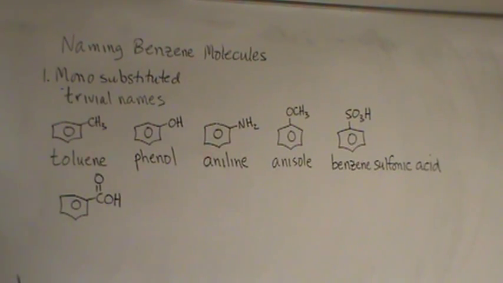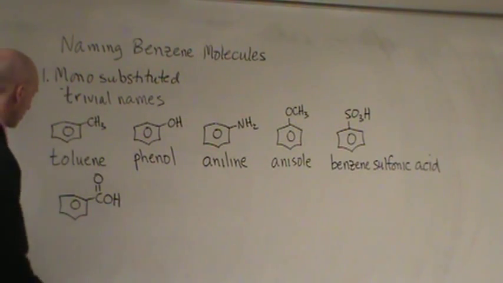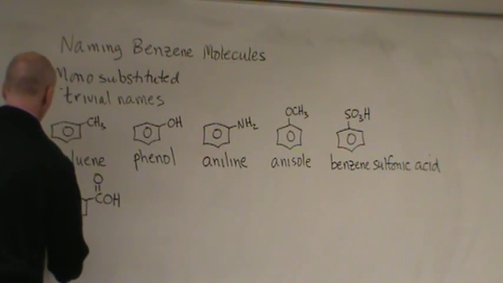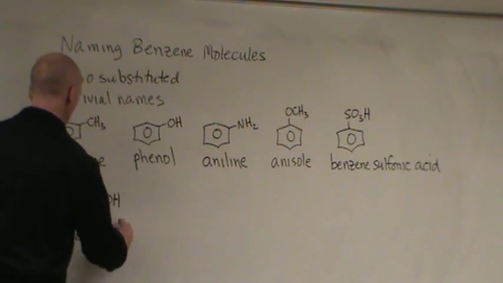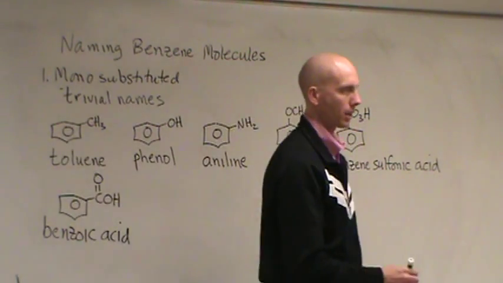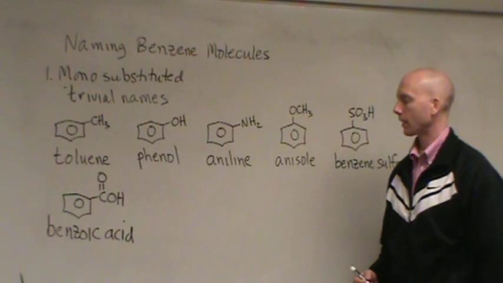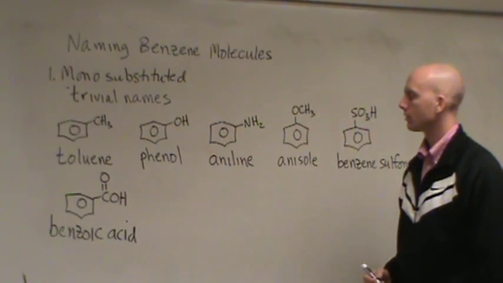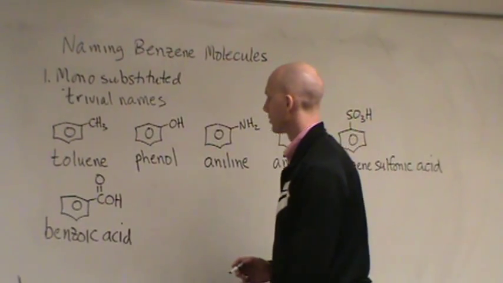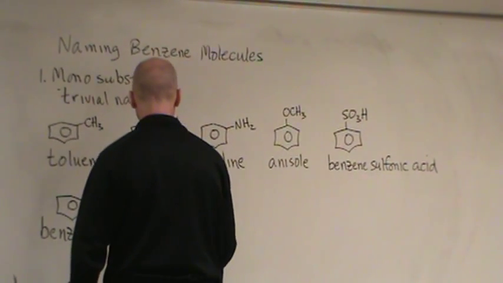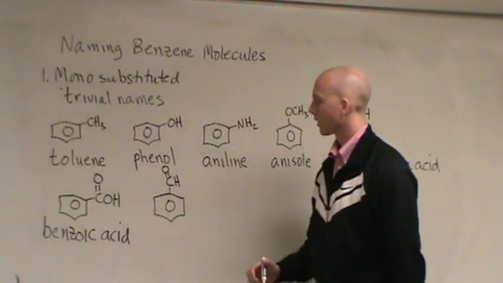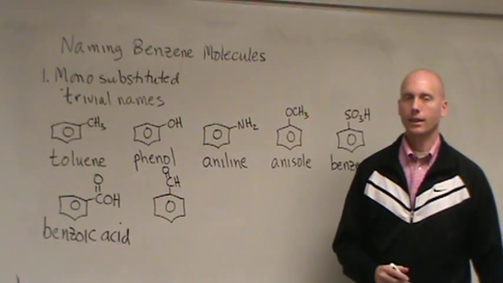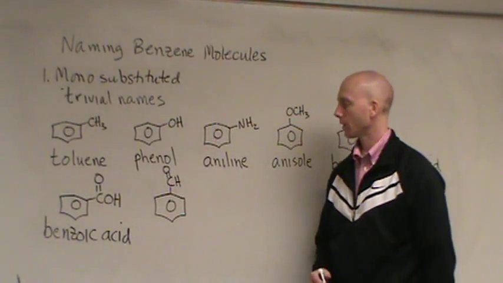Here we can have the acid group on benzene. And so that gives us benzoic acid. Here we're going to have the aldehyde group on there, C double bond O, then a hydrogen.